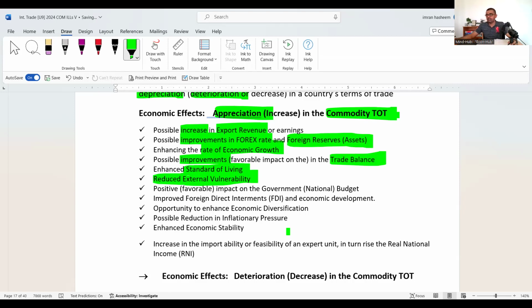Positive favorable impact on government or national budget. True enough. Why? Because when the economy is stable, when the economy is growing, right? When we are benefiting more from international trade, that will lead to the government's budget and the entire public finances being strengthened, because as an economy expands and as we benefit more from international trade, government's revenue will increase, because when GDP or economic growth is there, our national income is increasing.